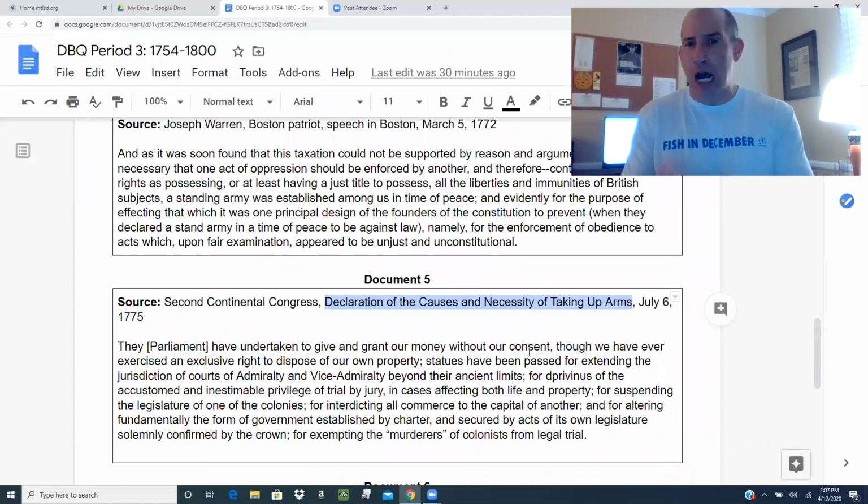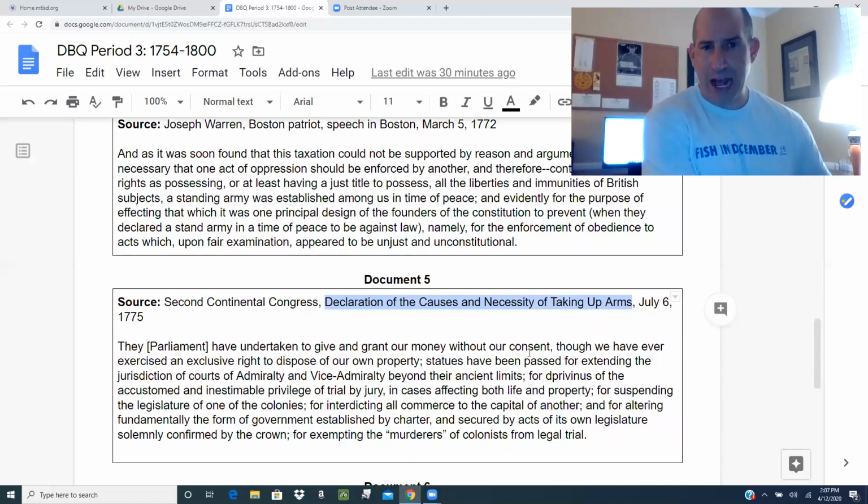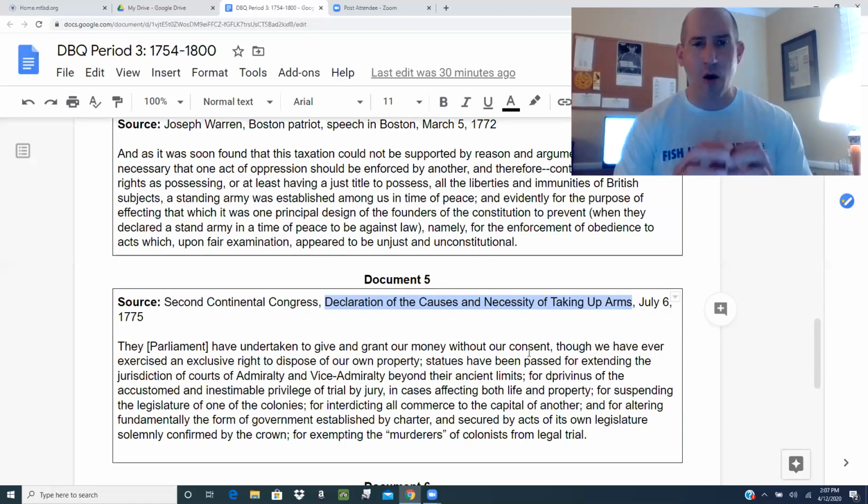Now you've got, we've got to get ready to fight. Lexington and Concord have already happened, as you saw. Britain increased its military presence in Boston. And now the Second Continental Congress prepares for war, but at the same time, you can see that they also offer the Olive Branch Petition to affirm their loyalty.